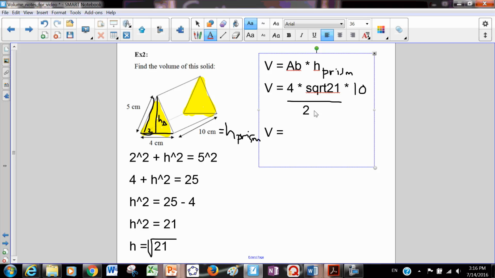Divided by 2 and then times 10, you get 91.65. And what's the unit? Centimeter cube.